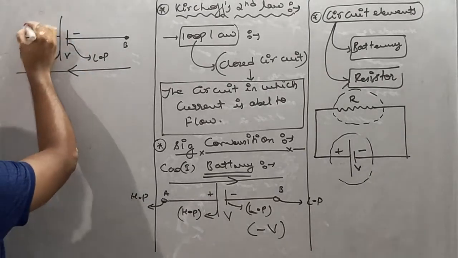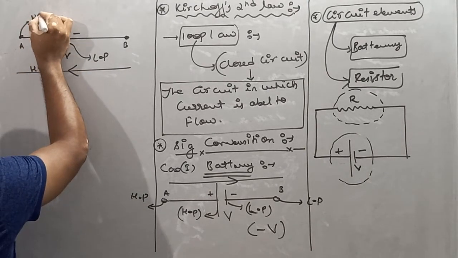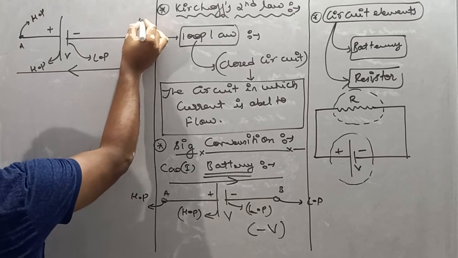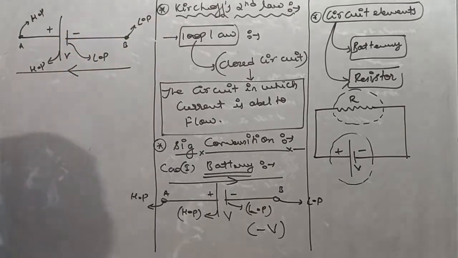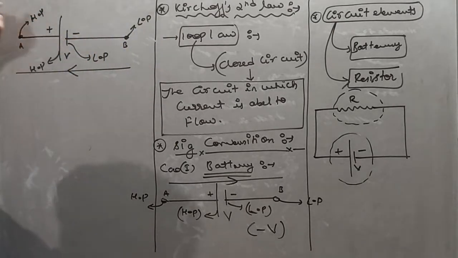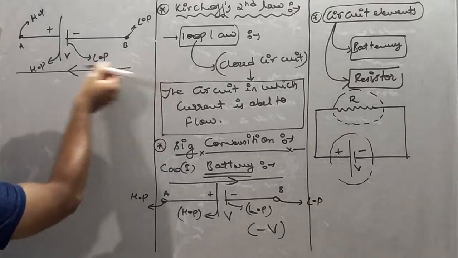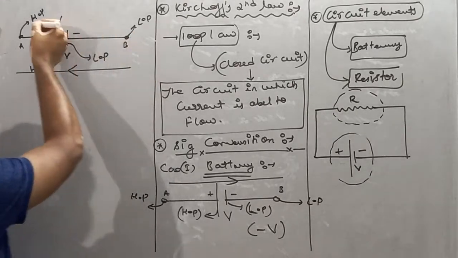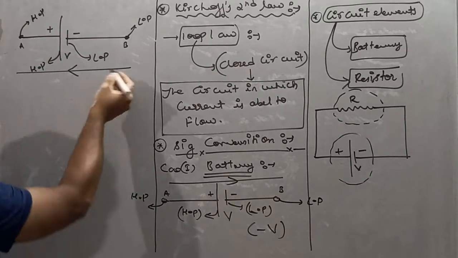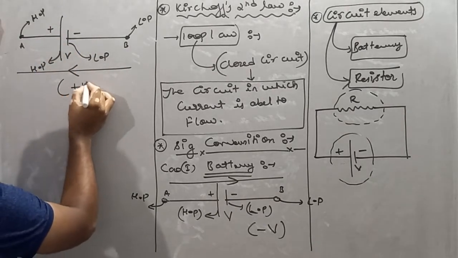I am going from B to A, that means lower potential to higher potential. So if this happens, then we'll write plus V.